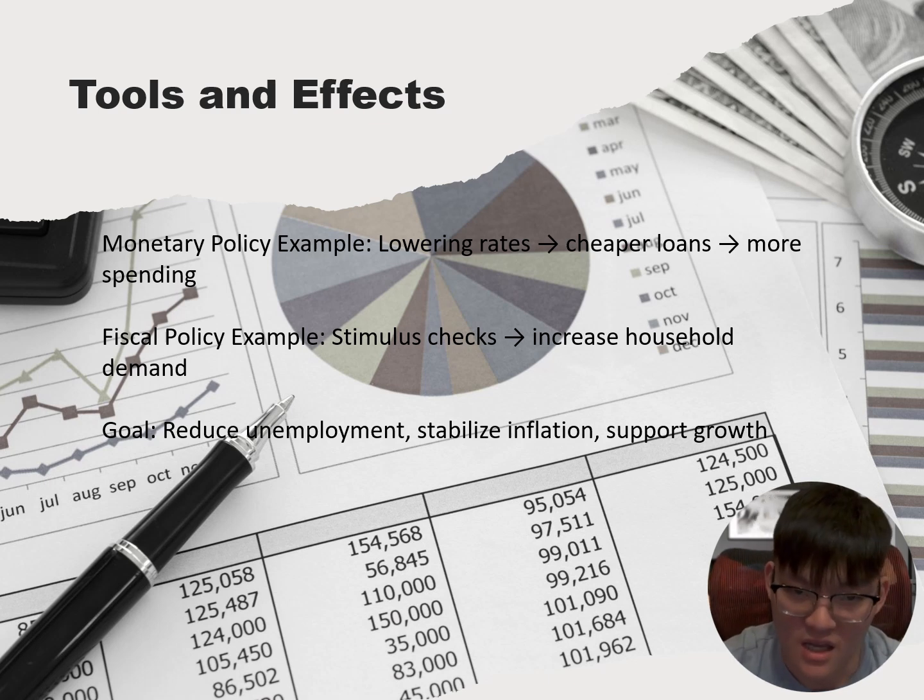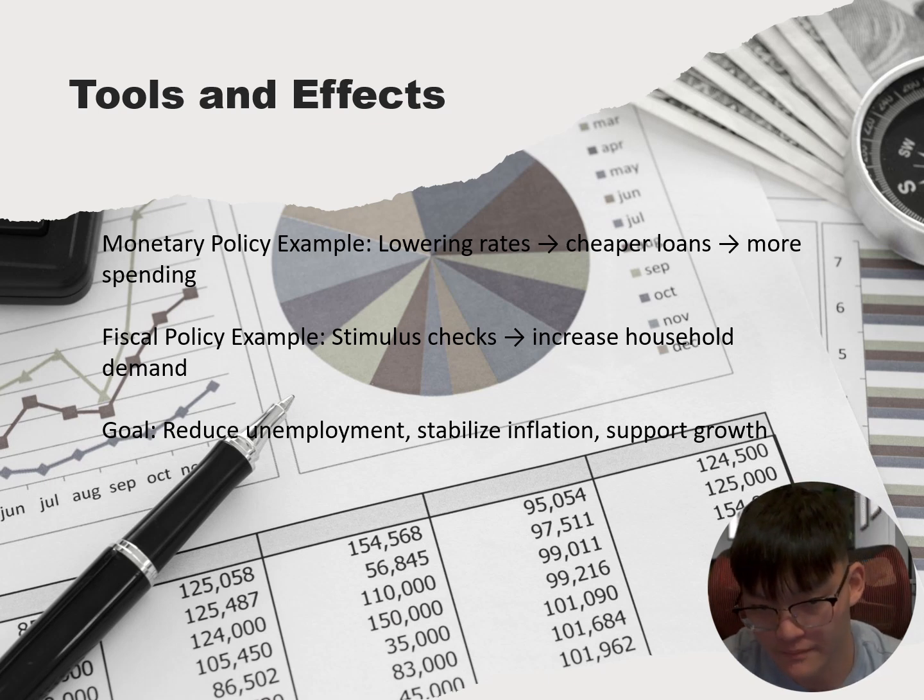These actions together helped prevent the economy from falling into a prolonged depression. In contrast, during periods of rapid inflation, the government might raise interest rates to discourage borrowing and slow down spending.